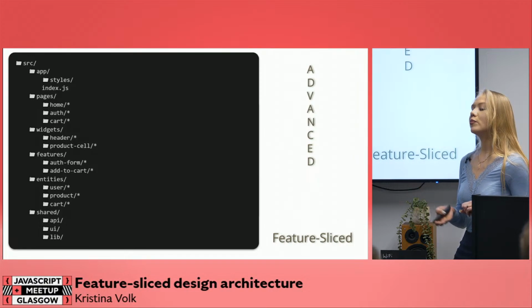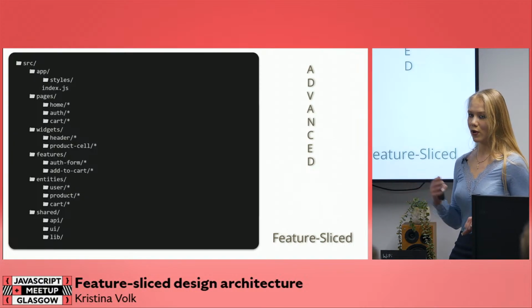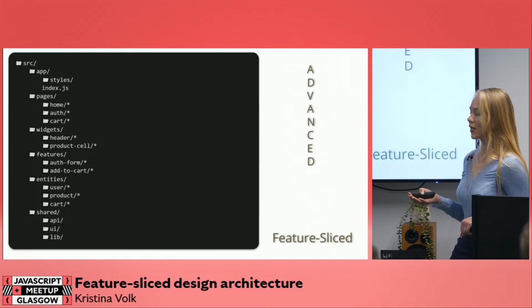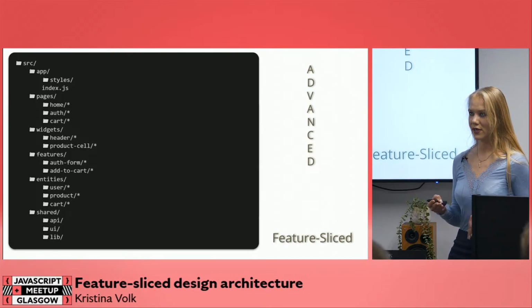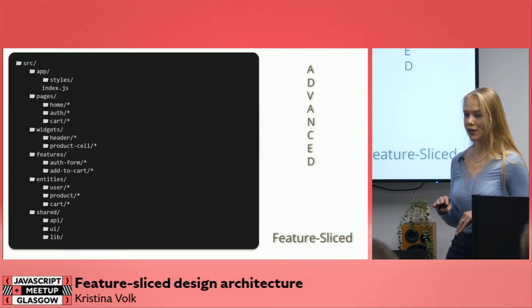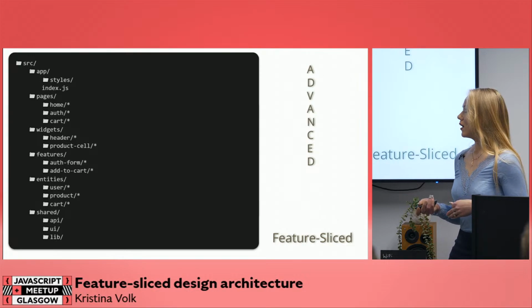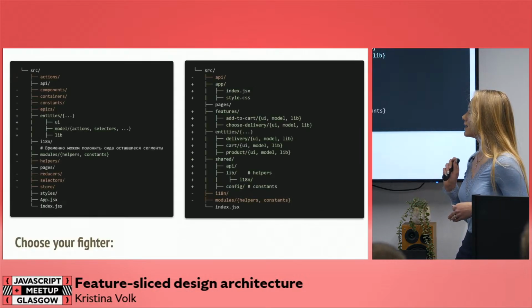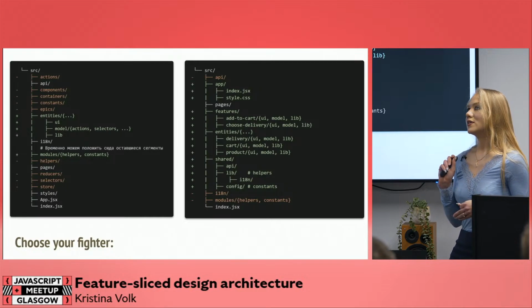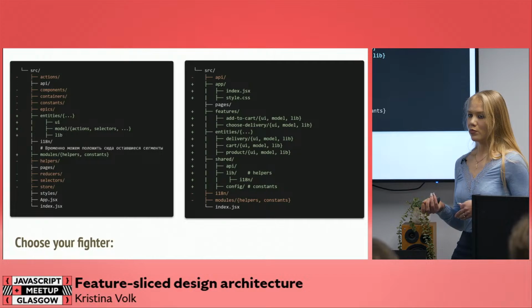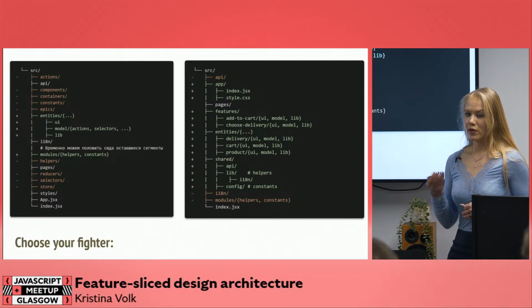And it's very important to remember that the whole methodology, FSD, is not about how to adopt all these concepts incrementally, but it's more about how to naturally experience all the pains from development and address them at their own time. Because this architecture gives us hints where the problems can be, for example, cross imports.